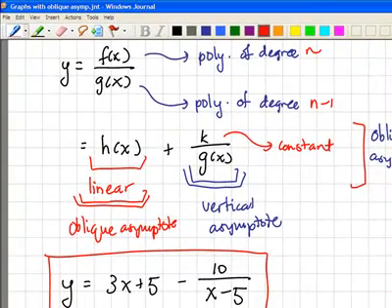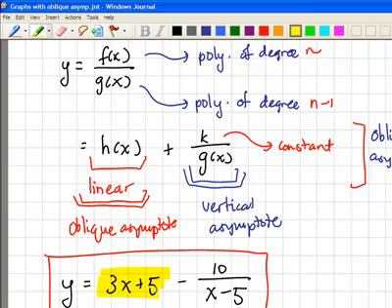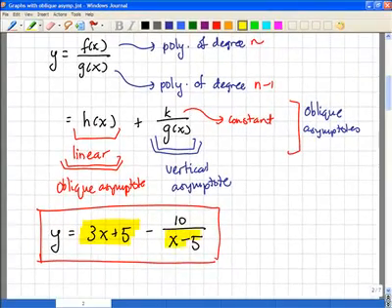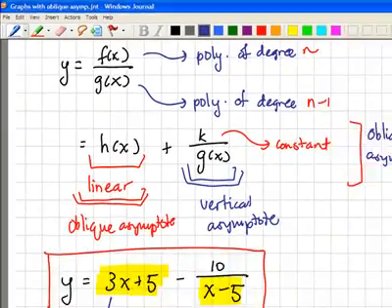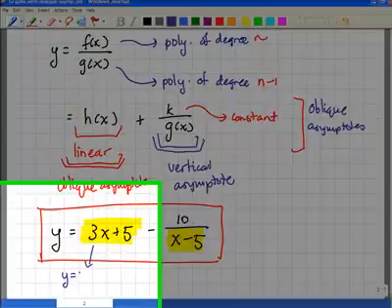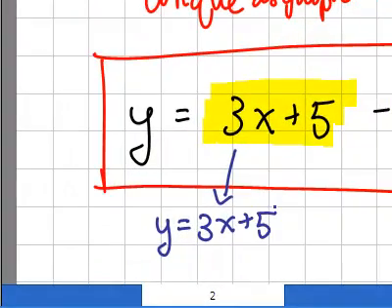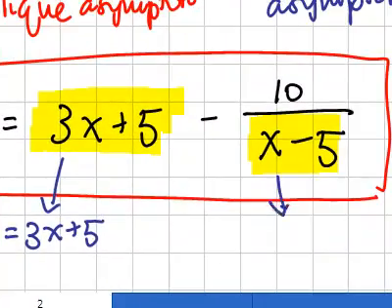The oblique asymptote is obtained from here, and your vertical asymptote is obtained from this particular part. The oblique asymptote is y equals 3x. For the vertical asymptote, by letting x minus 5 equals 0, you get x equals 5. Two asymptotes that you can find from this kind of expression.